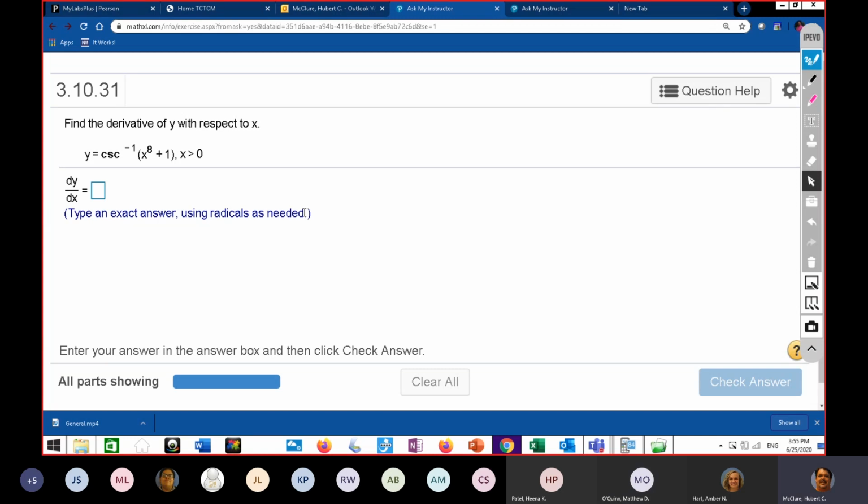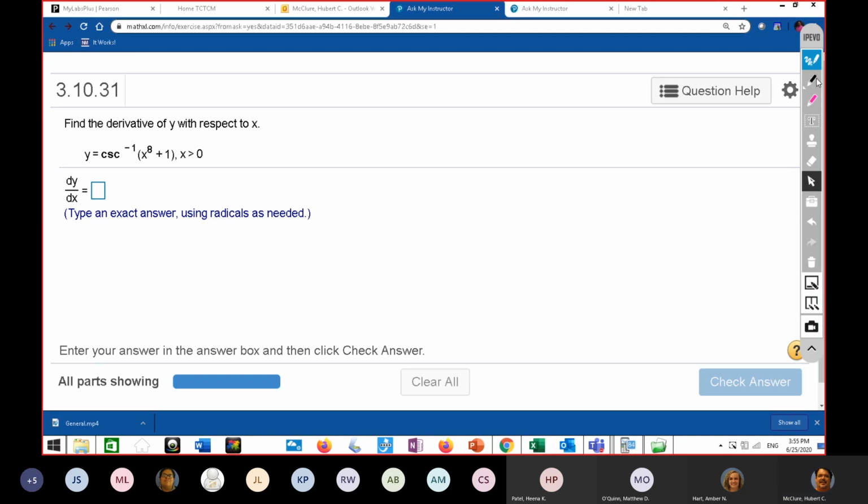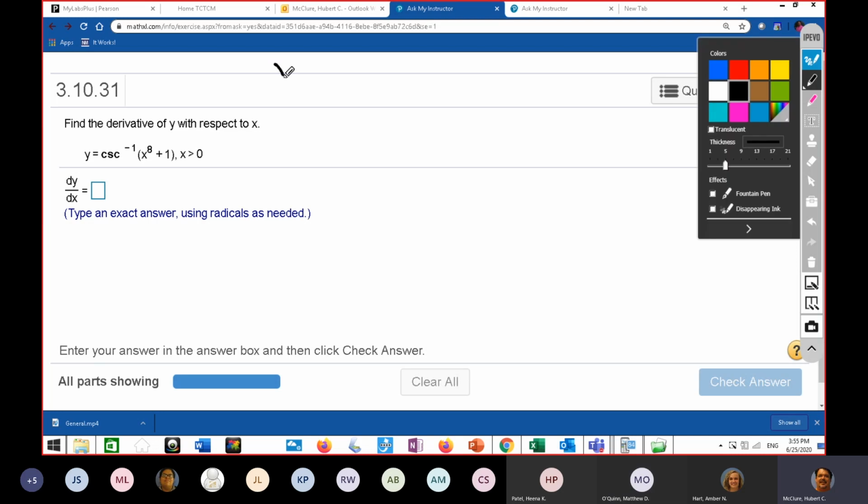All right, so the first thing I'm going to do is the inverse cosecant. And you don't need to do this because you got a cheat sheet. But the derivative of the inverse cosecant is the one that's got the absolute value in it.